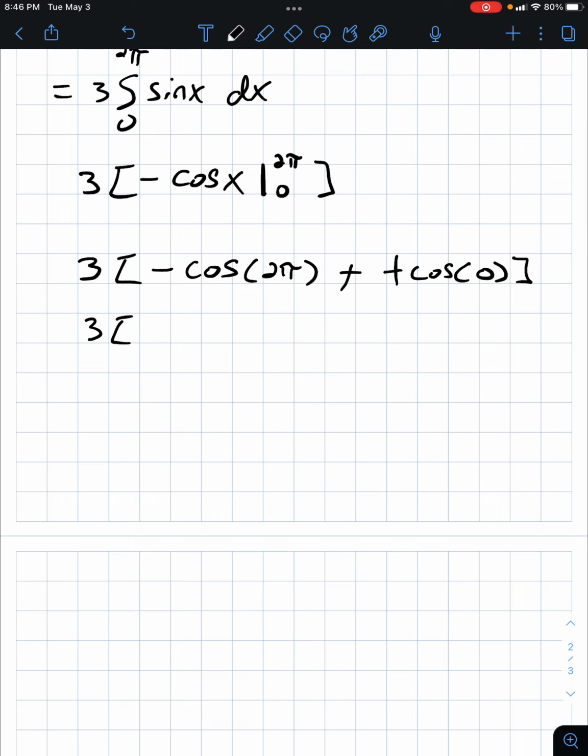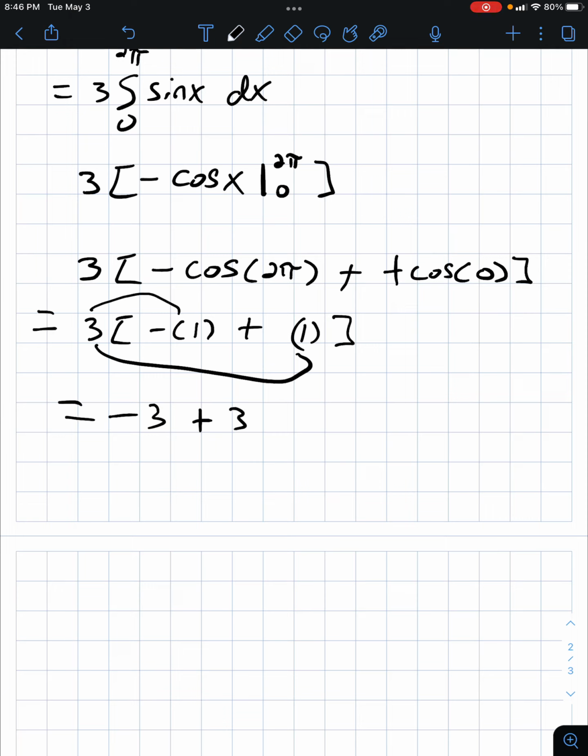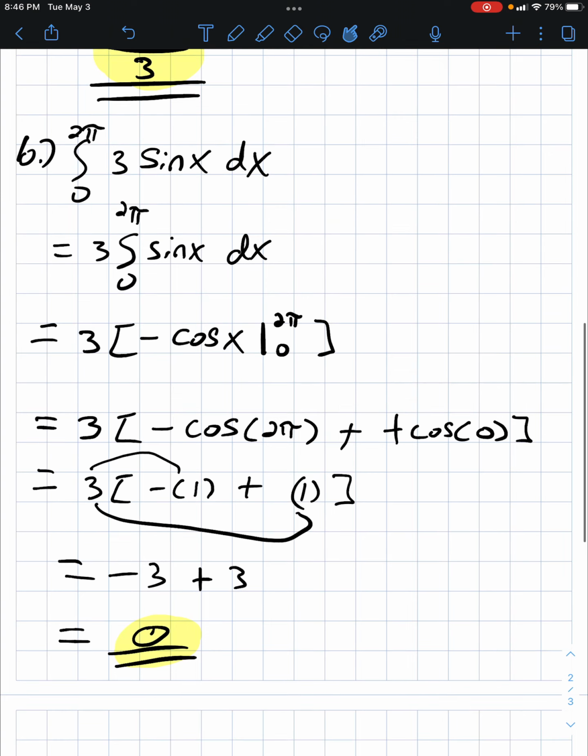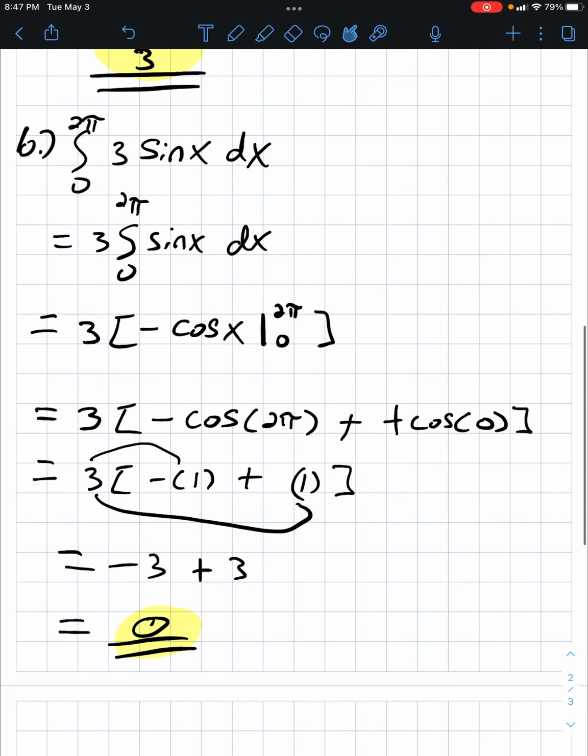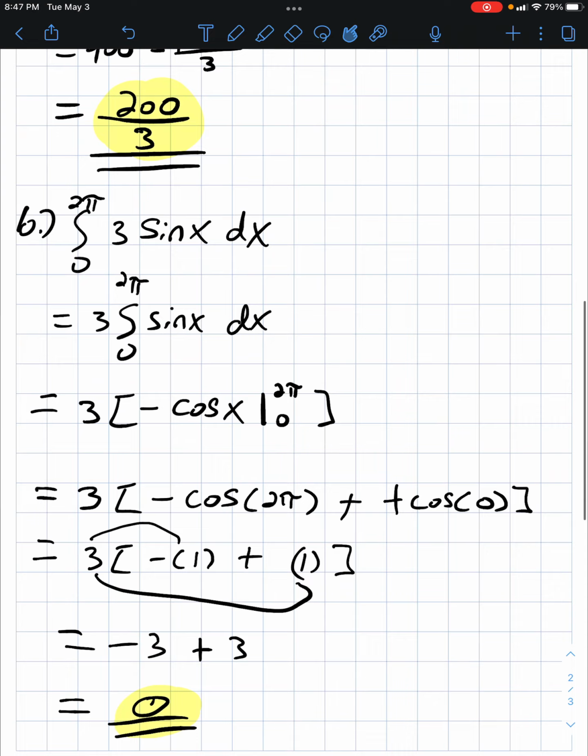So this is equal to 3 times, cosine of 2 pi is 1, so we get negative 1, plus cosine of 0, which is 1. Now we need to distribute the 3 here. So we get negative 3 plus 3, which is 0. So in part B, the integral from 0 to 2 pi of 3 sine of x dx is equal to 0.